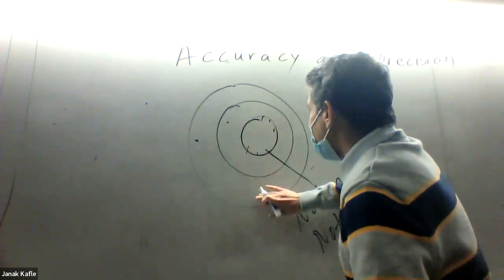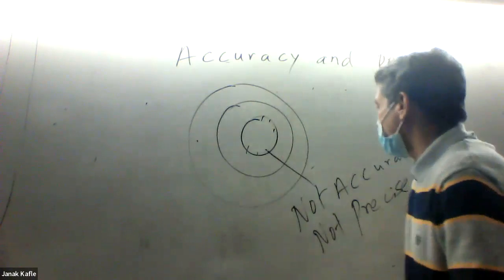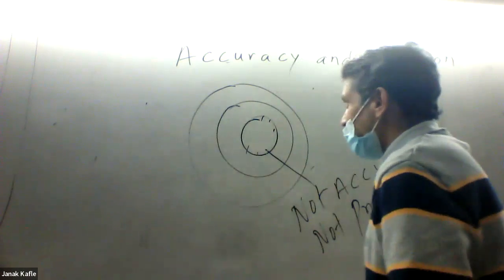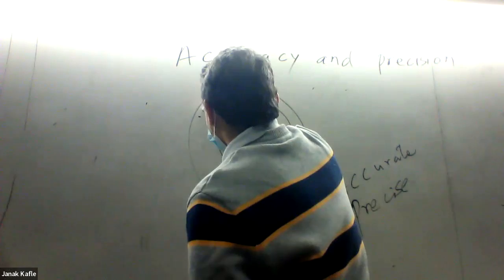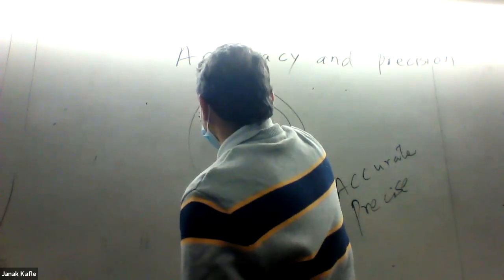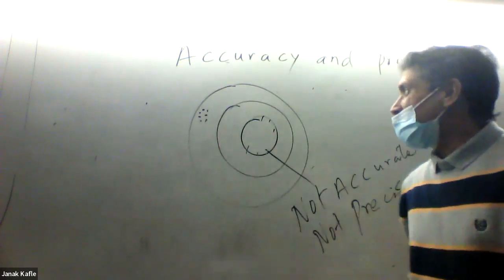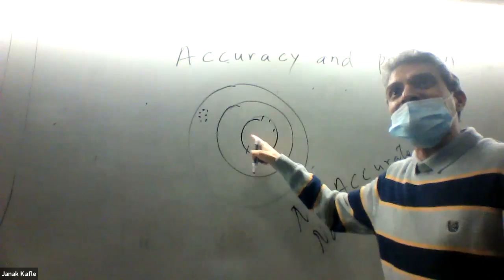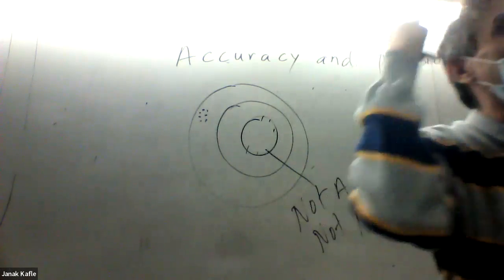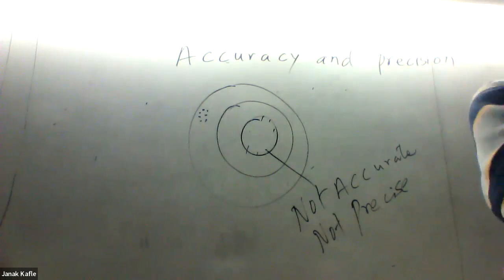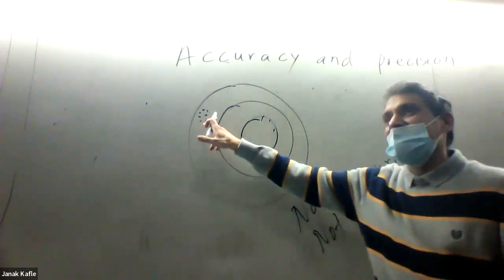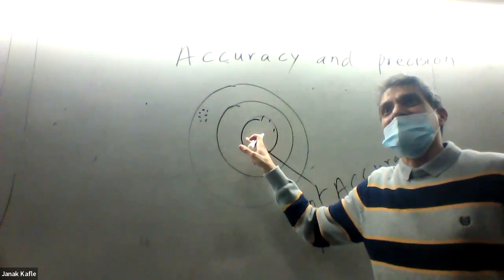Now let's say another time you need to hit here to win the prize, but every time you hit, you are hitting here, here, here. You see that? You hit many times, you need to hit here to get the prize, but you are hitting here. So you have really good skills, but you just don't know why you are hitting here rather than here, right?